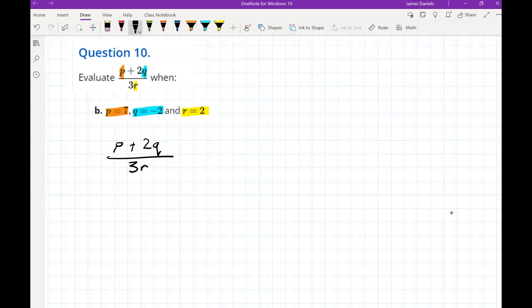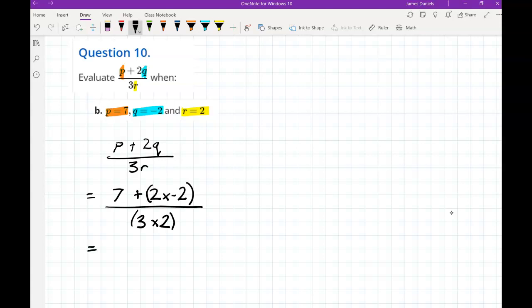So I have to do my substitution. P is 7 plus, this is 2 multiplied by minus 2. Now, order of operations would mean that would get done first, all divided by 3 multiplied by 2.